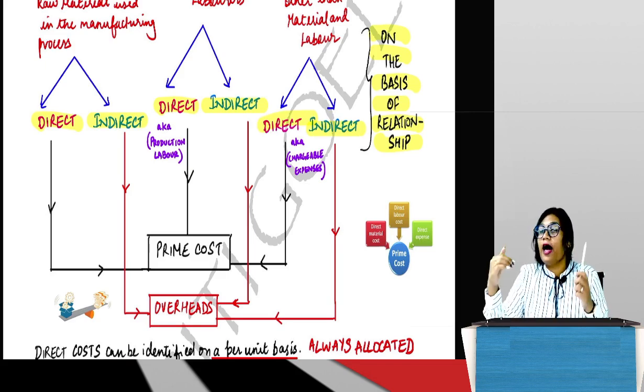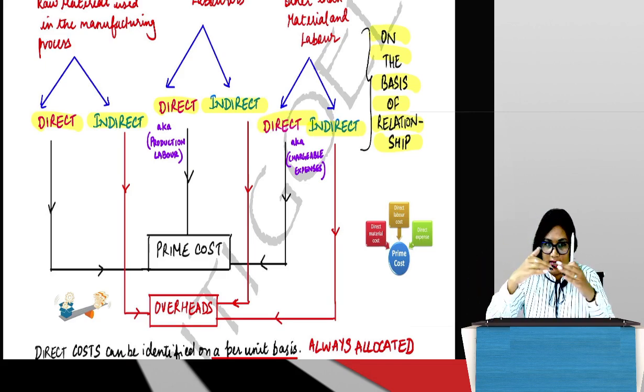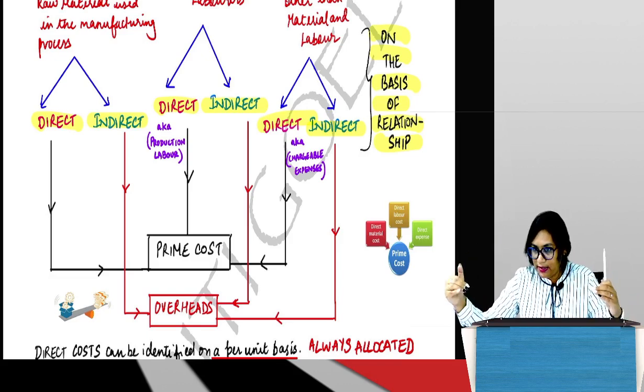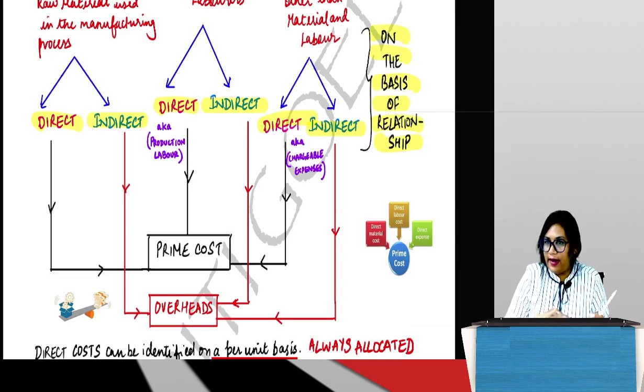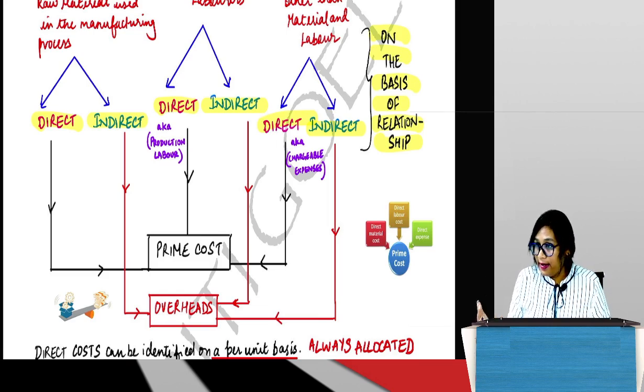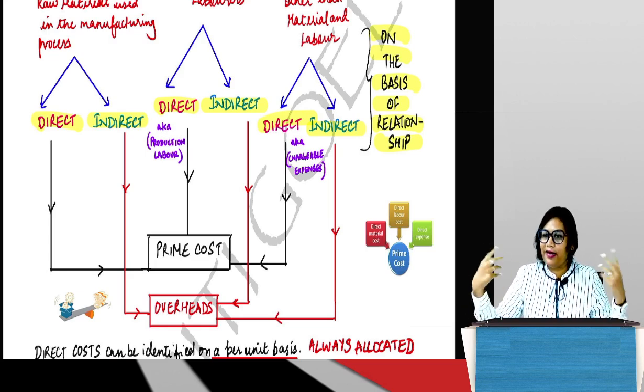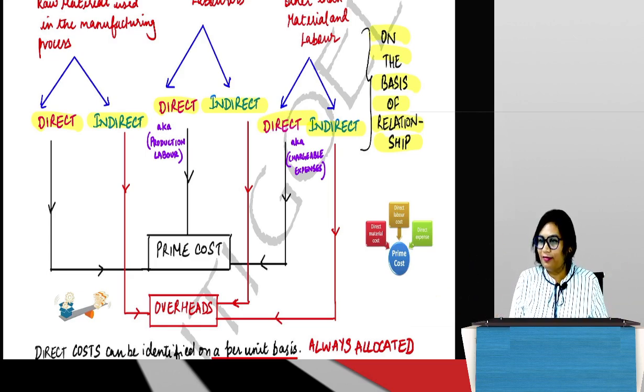So if I classify these elements on the basis of relationship, I get their direct and indirect elements. Now the question arises, what do you mean by direct and indirect? When you read the definition, it will simply say direct material is that material that can be directly associated with the product.